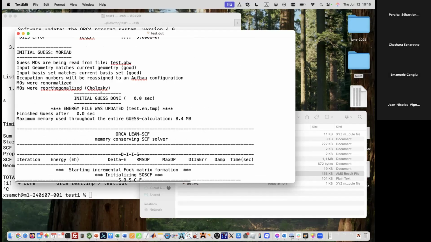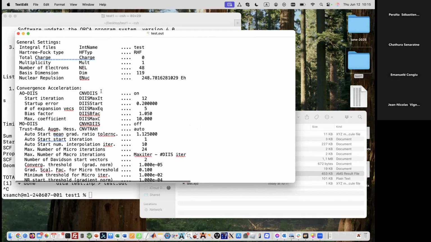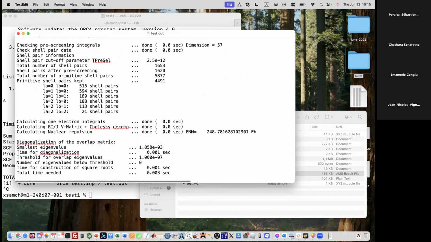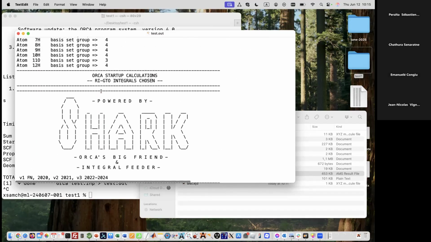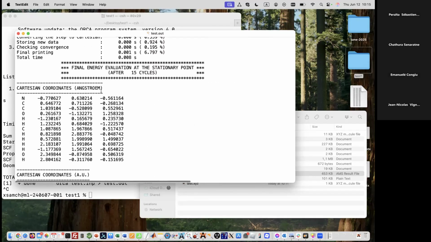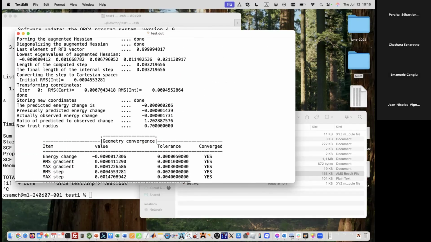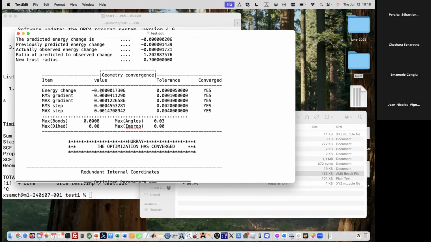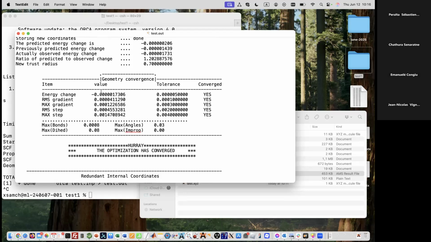I'm just going up to check the convergence criteria. So here is the convergence criteria. It says all the convergence criteria are met, the optimization has converged.